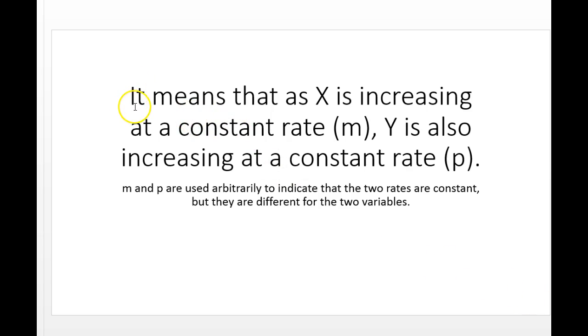And it means that as x is increasing at a constant rate, and we can call that constant rate m, then y is also increasing at a constant rate, and we can call that constant rate p. I've decided to use m and p as arbitrary letters. They don't really mean anything in terms of the letters, but I wanted to make sure that you understand that the rate of x is constant, but it's not the same as the rate of y.